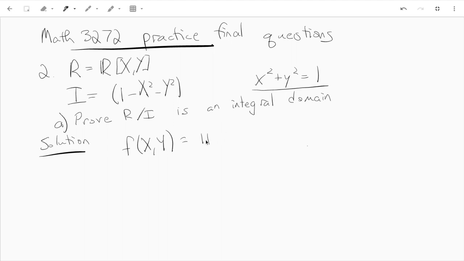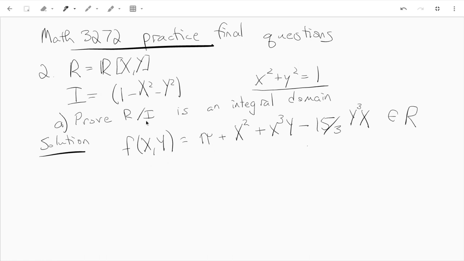Maybe like 1 plus x squared plus x cubed y minus 15 thirds y cubed x or something like that, right? We have combinations of y's and x's multiplied by real numbers added up. That's a typical element of R.